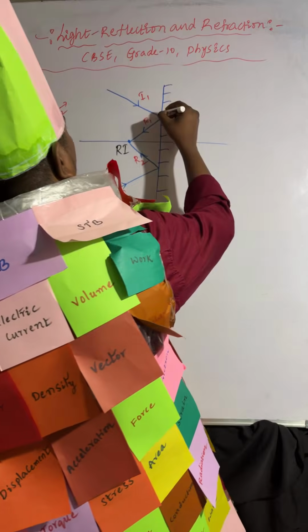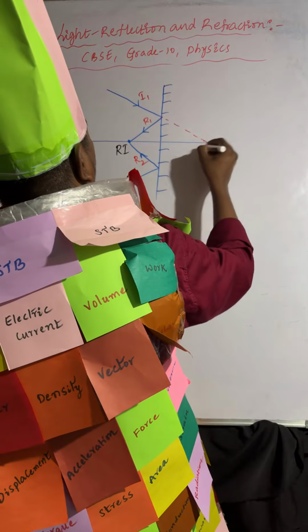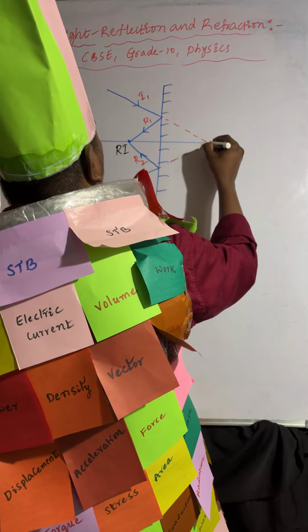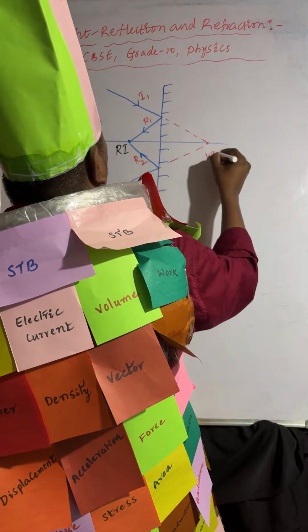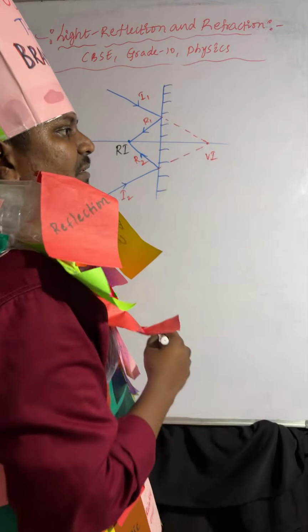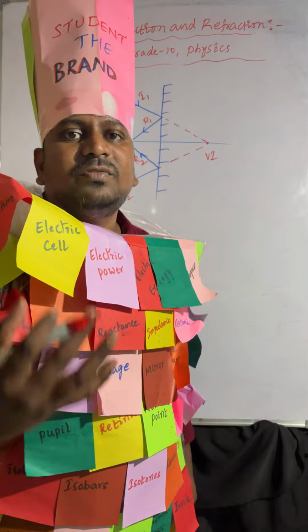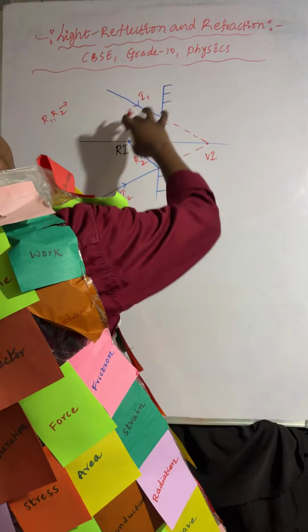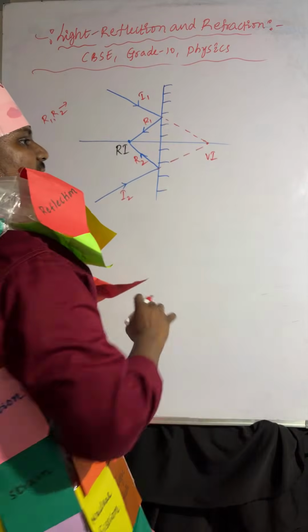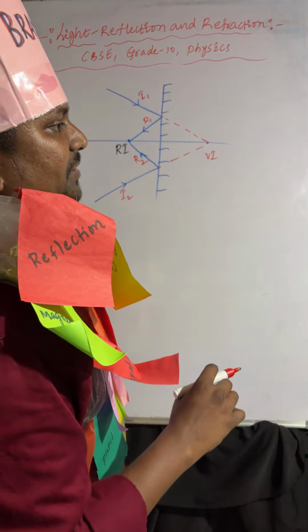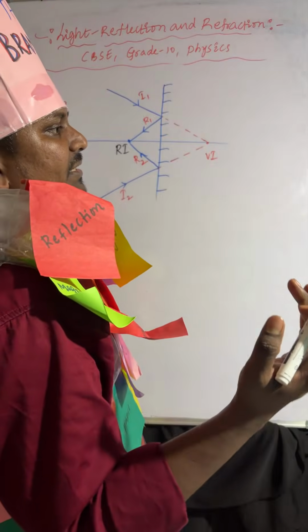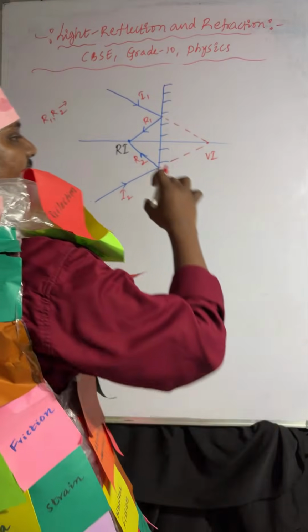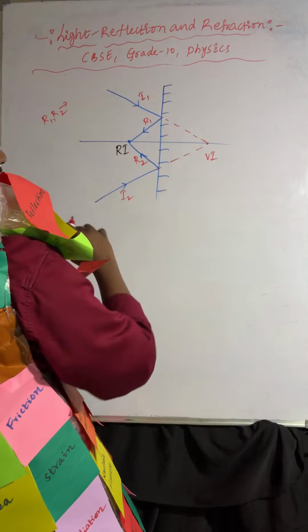And if you are extending these incident light rays, the extended incident light rays are meeting at one point, that is a virtual image. The point of intersection of extended incident light rays is called a virtual image.